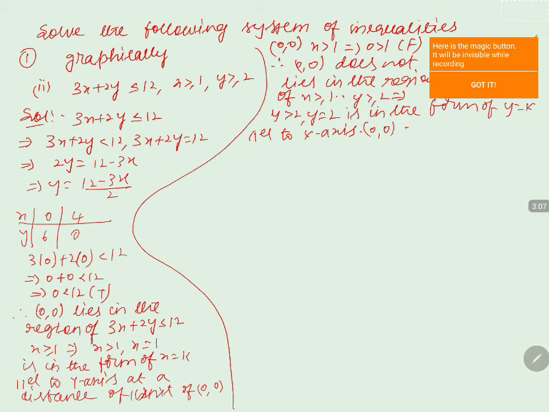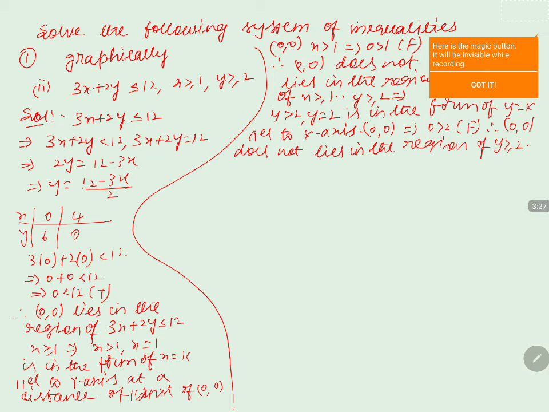Now when we substitute origin here, we get 0 greater than 2, that is false. So we can say that origin does not lie in the region of y greater than or equal to 2.